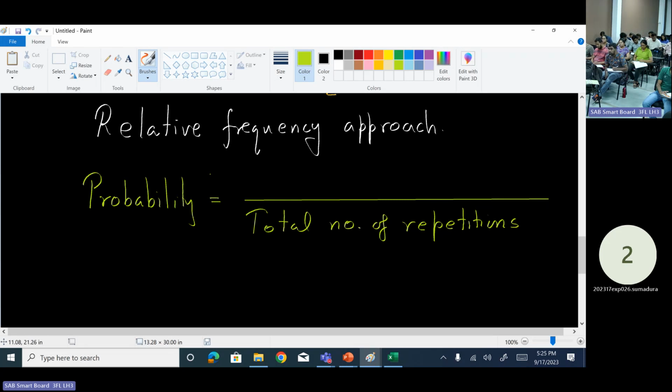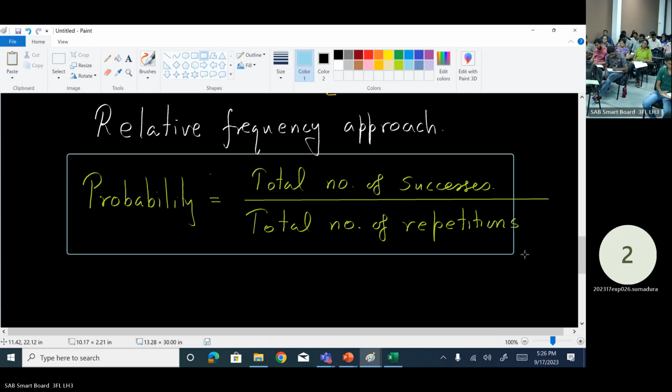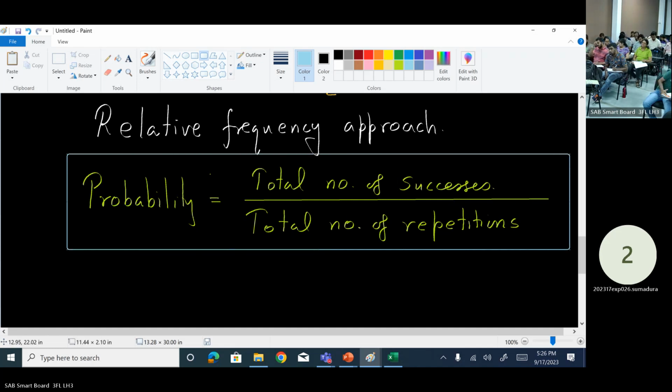How many times you did it, that number should come here. And in the numerator, total number of successes.